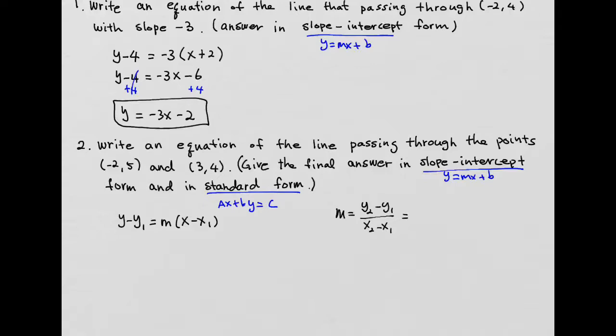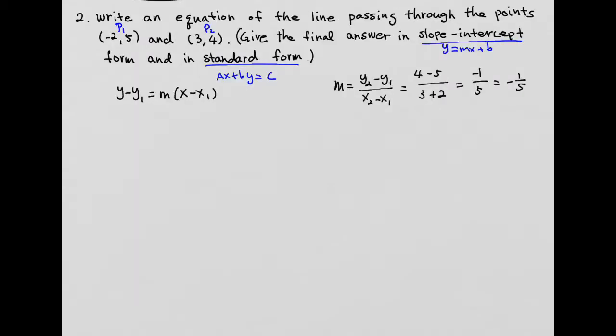If I'm going to use this as point 1 and this as point 2, my y2 is going to be -4, y1 will be -5, and then x2 is 3 minus x1, which is -2, so it will be +2. That gives me -1 over 5, which is -1/5, as your slope.